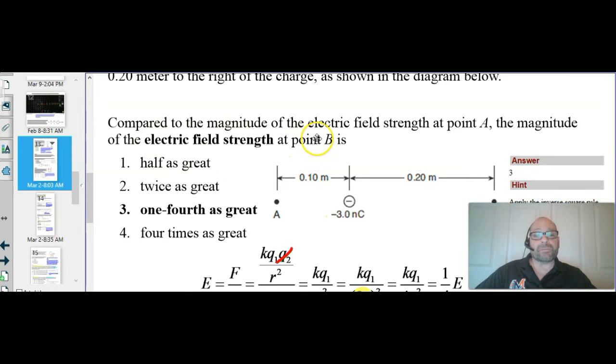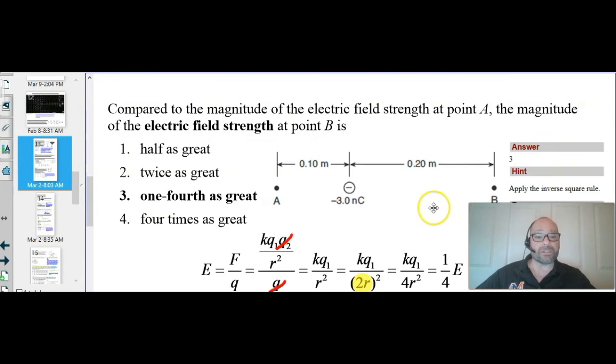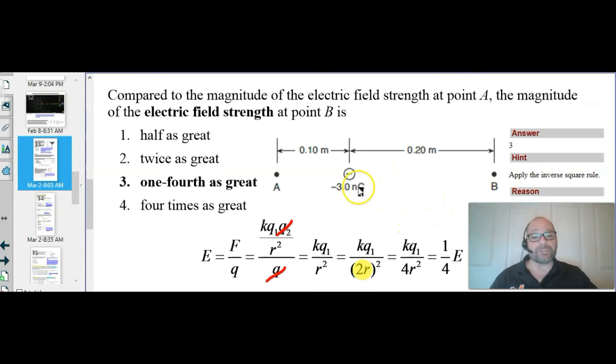Compared to the magnitude of the electric field strength at point A, the magnitude of the electric field strength at point B is, and then they give you 4 choices. So let's take a look at what we have first of all. Here's your 3 nanocoulombs right here. This is the charge from which we're referencing our distance. So point A is 0.1 to the left, but point B is 0.2 to the right.